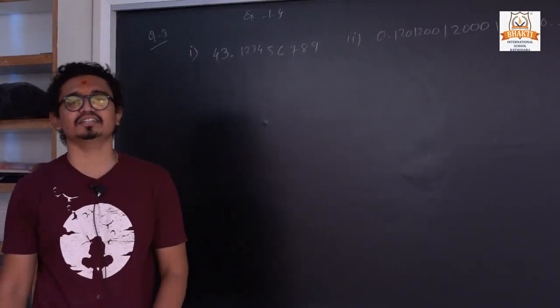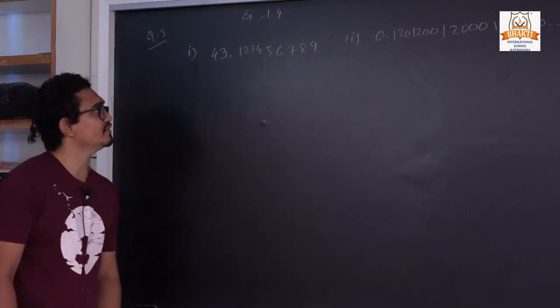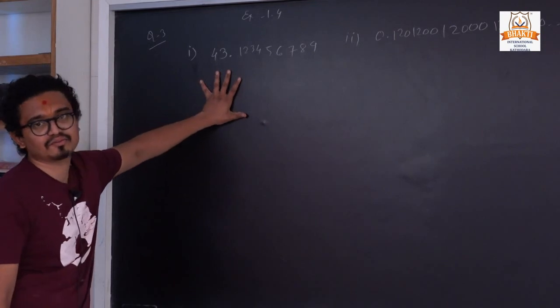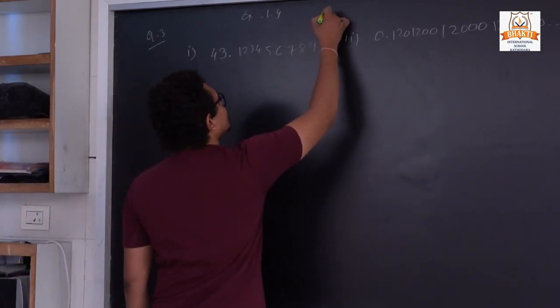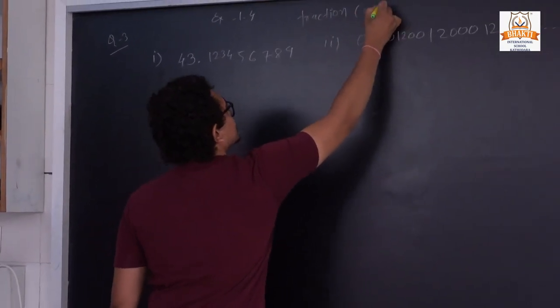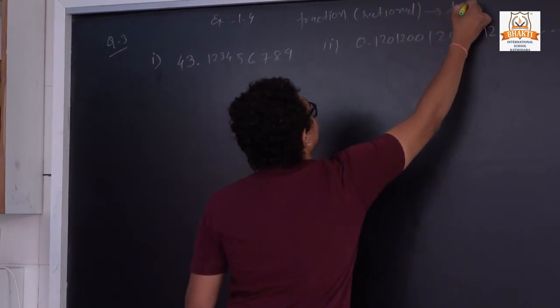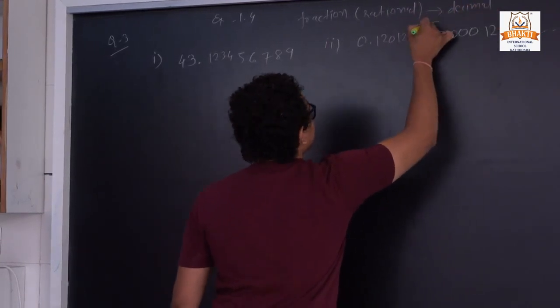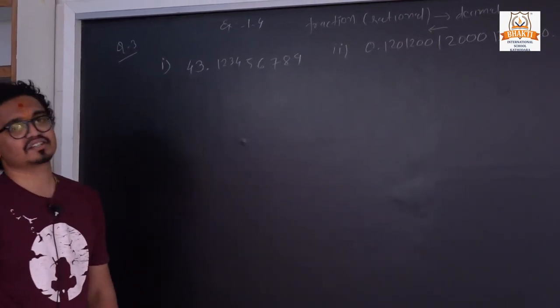Okay, last question of exercise 1.4, question number 3. In question number 3 they are asking what? If it is in the decimal form, whether it is in P upon Q form. So here, first of all we converted a fraction or a rational number into the decimal form. Now we can perform the reverse, decimal into the fraction form.